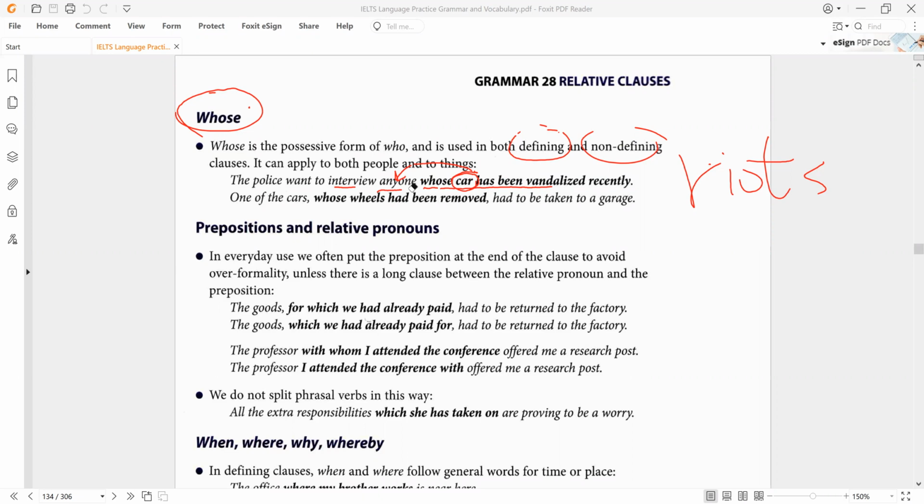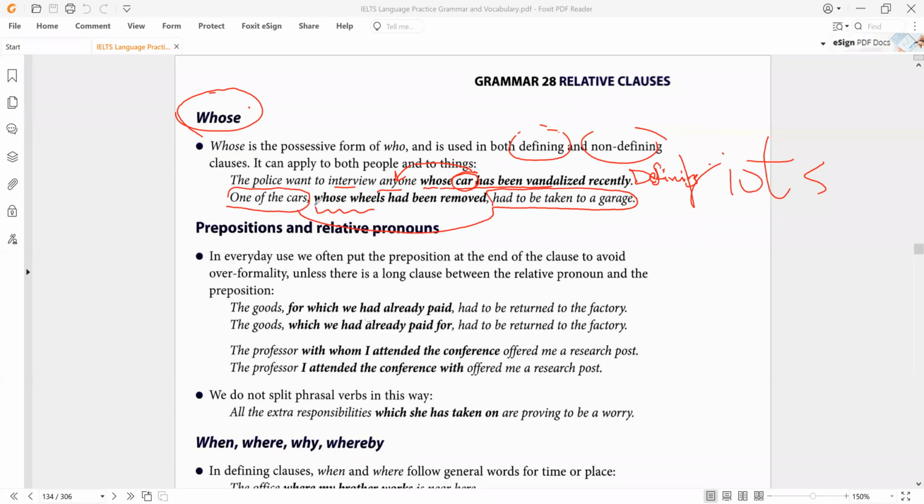One of the cars had to be taken to the garage. So number one is a defining clause, the main defining sentence. One of the cars had to be taken to the garage. Which car?